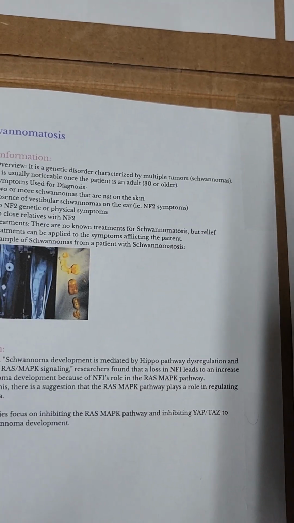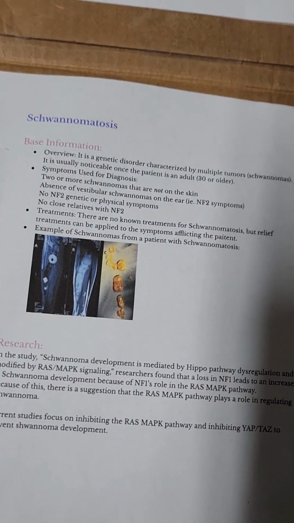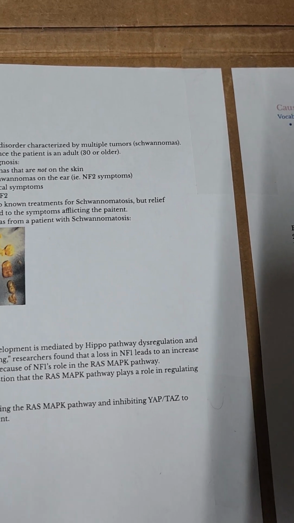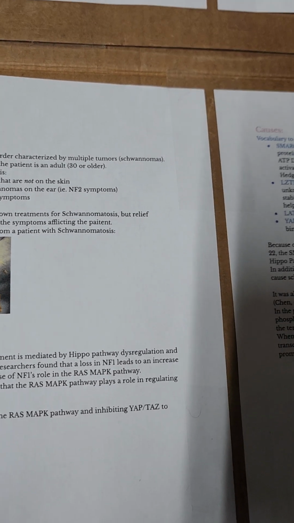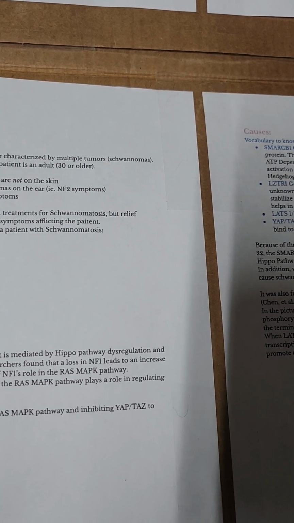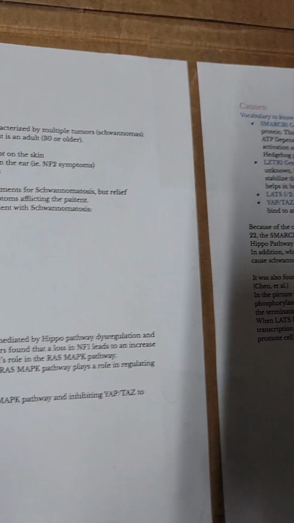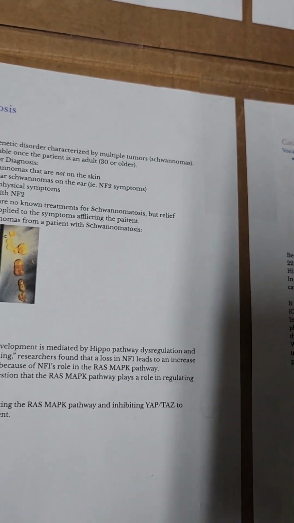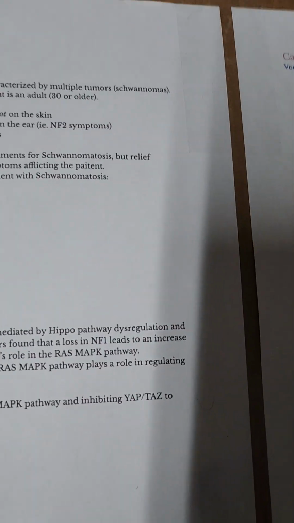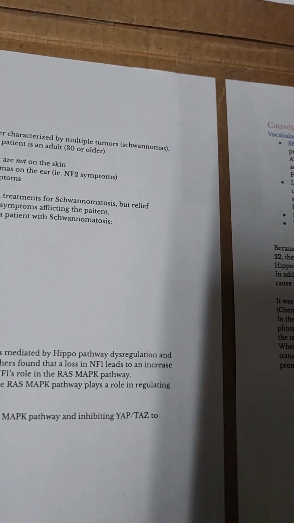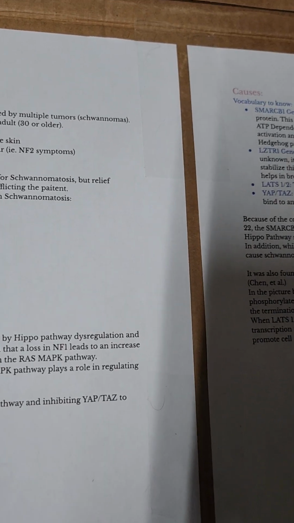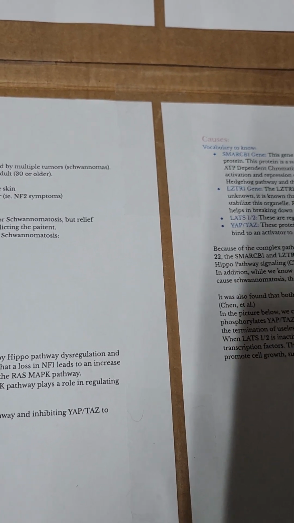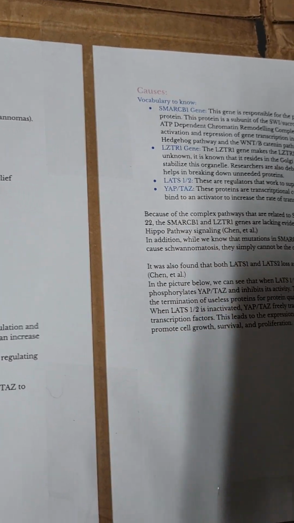Both mice were infected with schwannomatosis, and the ones who had neurofibromin lived the full 180 days, I want to say, of the experiment, and they had a little bit of tumors coming out of it. But the ones who had a lot less neurofibromin completely died out around the 60-80 day mark, and were looking a lot worse than the other mice.